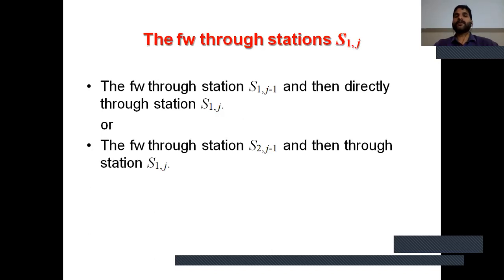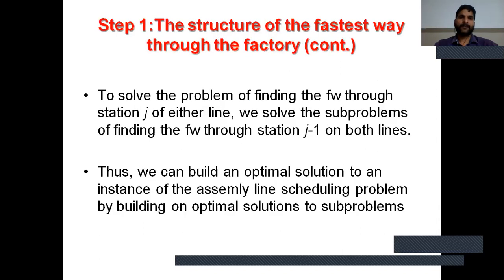The fastest way through station S1,j minus 1 and then directly through station S1,j, or the fastest way through station S2,j minus 1 and then through station S1,j. Similarly, the fastest way through station S2,j minus 1 and then directly through station S2,j, or the fastest way through station S1,j minus 1 then through station S2,j.